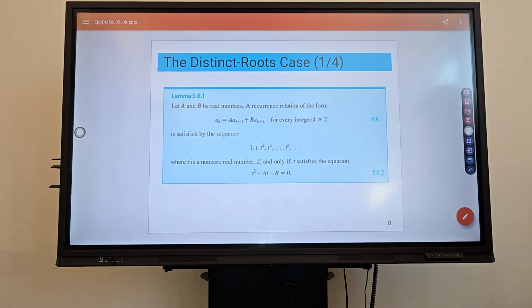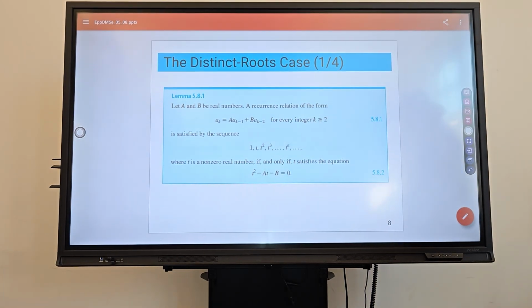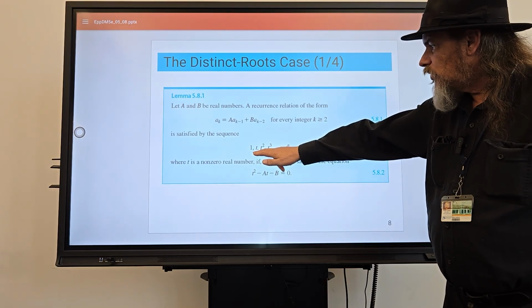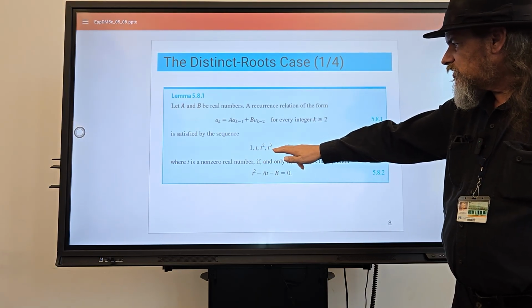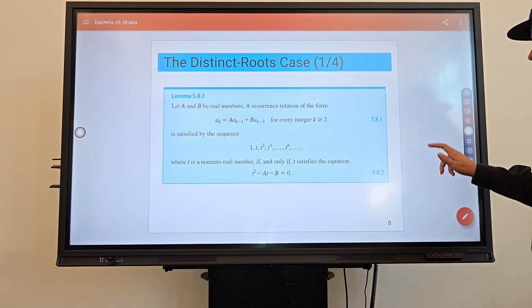A recurrence relation of the form a sub k equals this equation here, for every integer k greater than or equal to 2, is satisfied by the sequence 1, t, t squared, t cubed, etc., t to the n, where t is a non-zero real number, if and only if t satisfies the equation t squared minus at minus b equals 0.